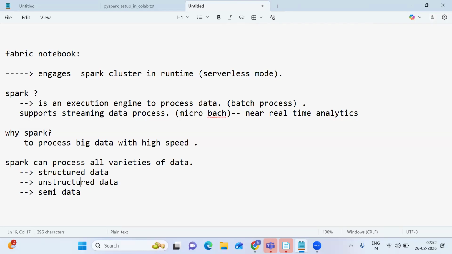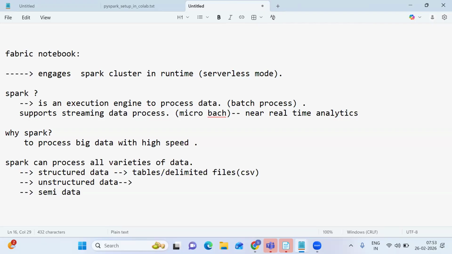Examples of structured data are your tables, maybe normal tables or Delta tables. In our data lake, our OneLake, what are you using? Delta tables, the storage format is Delta. Spark supports every format: tables, CSV files, or delimited files. CSV comes under structured.